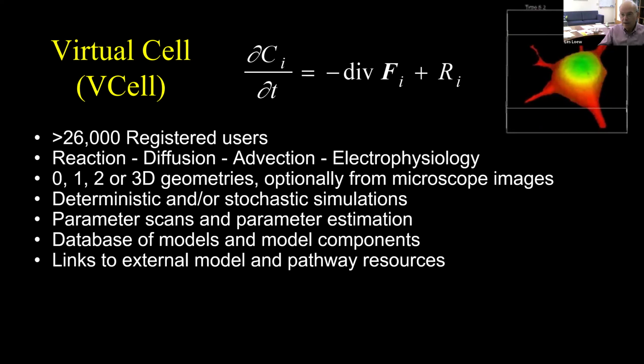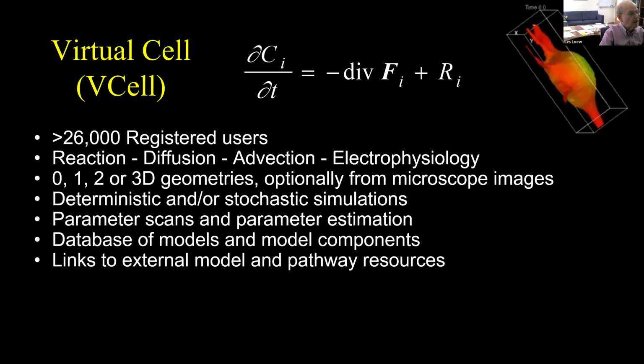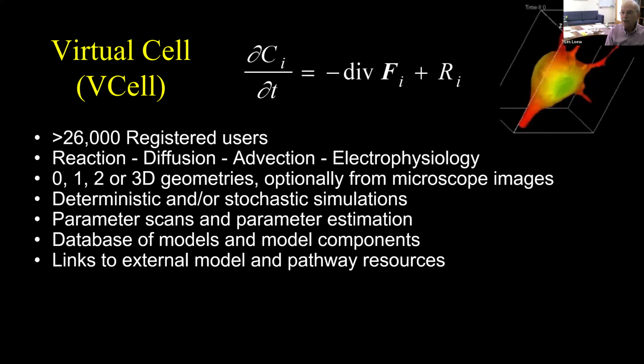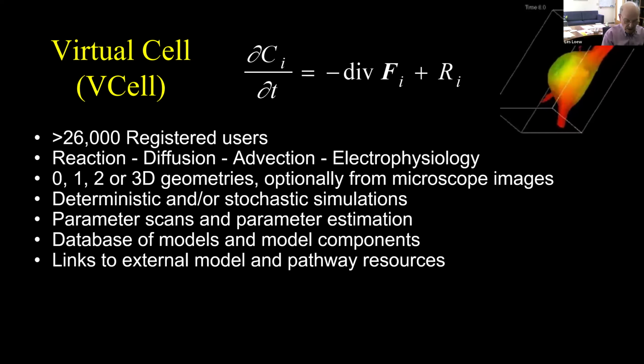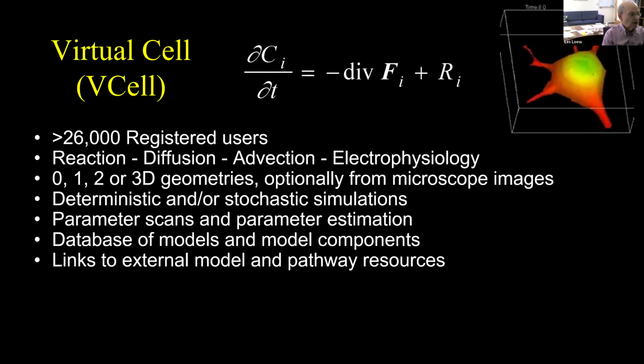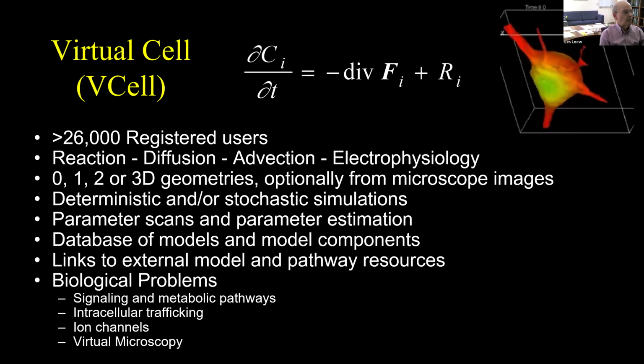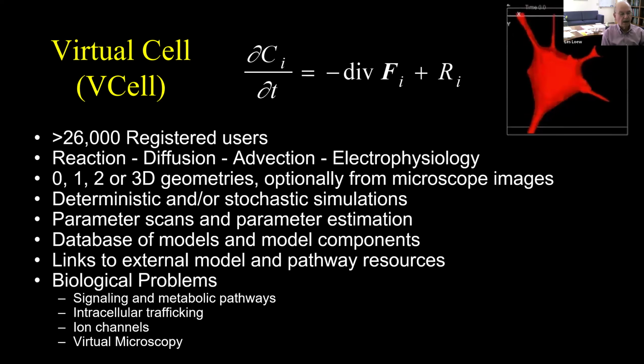I'll show you the Virtual Cell in a minute. Hopefully I'll have enough time to do that. So there are also links to external model and pathway resources that you can access through the software. And these are the kinds of biological problems that Virtual Cell can handle.